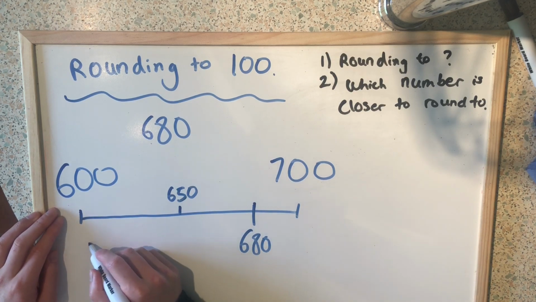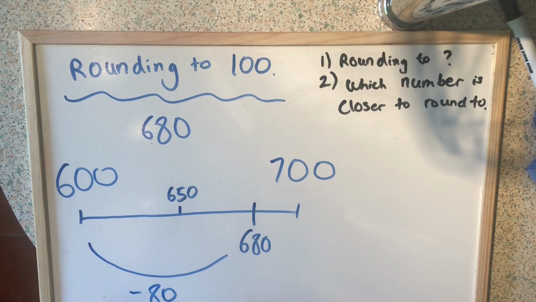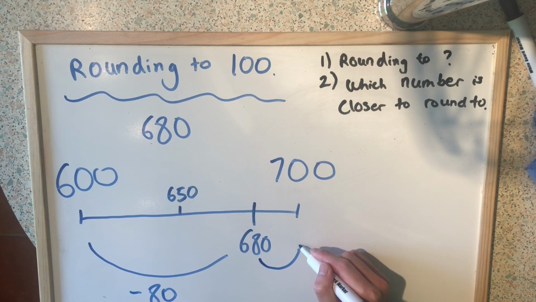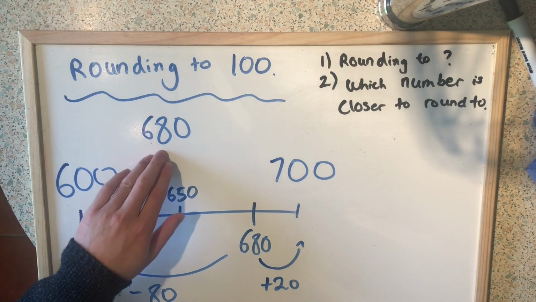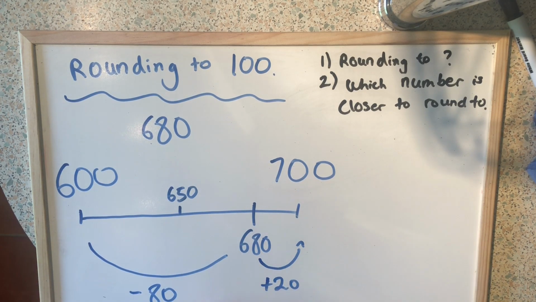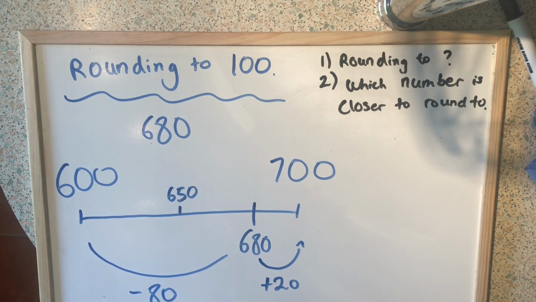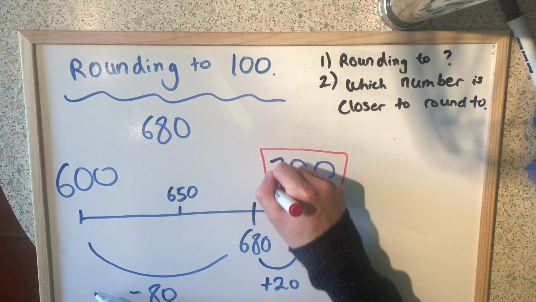And to get to 600, we need to minus 80. And to get to 700, we need to plus 20. So 680 is only 20 away from 700, but 80 away from 600. So to round to the nearest 100, 680 will become 700.